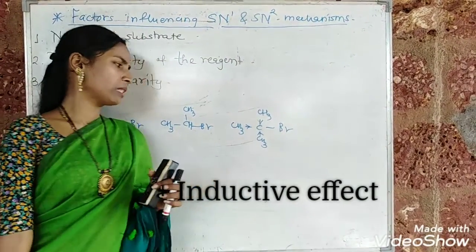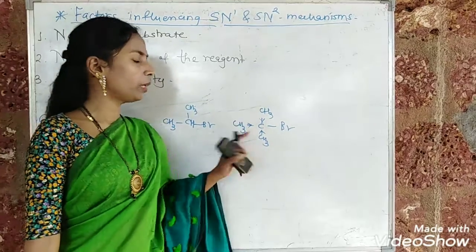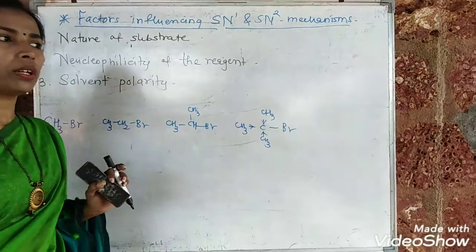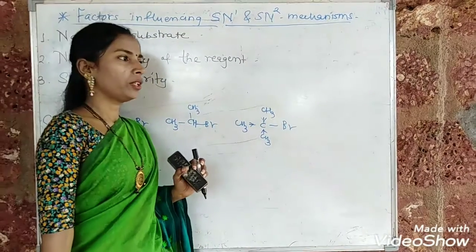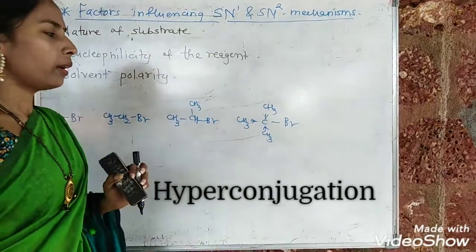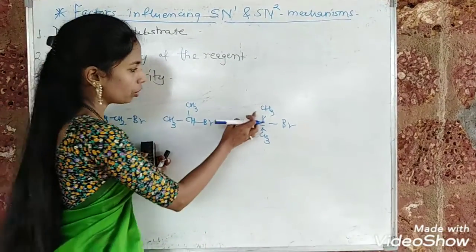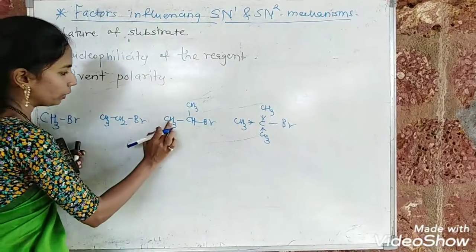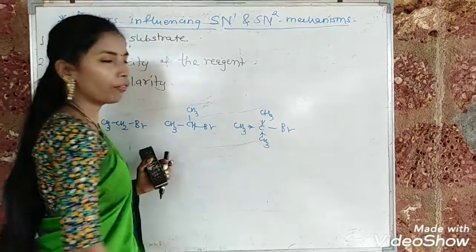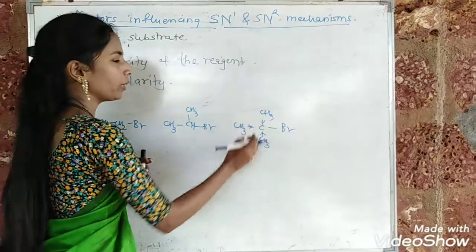Along with the plus I effect of the three bulky groups, there is one more effect which we studied in 11th standard. It is called the hyperconjugation effect, and it goes on increasing with the increasing number of alpha hydrogens. So as the number of alkyl groups increases, there is an increase in alpha hydrogens and the carbocation gets more stable.